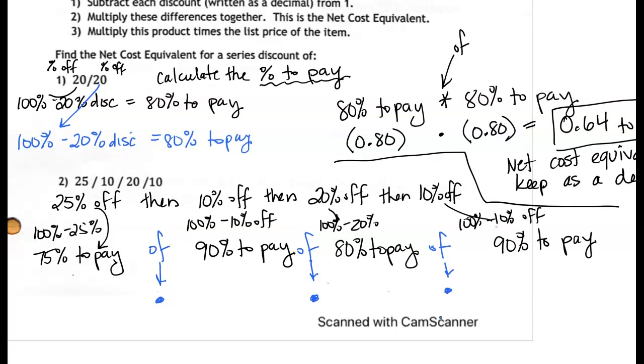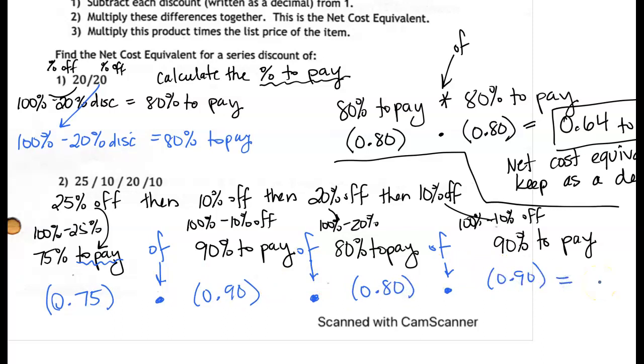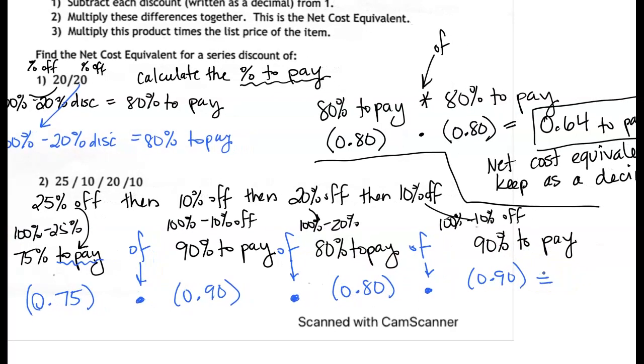And then we're going to change each of those percentages, make sure they're the percentages to pay, into decimals. 0.75, 0.90, 0.80, and 0.90. When I multiply all of those together, I get an answer of 0.486. Usually they have you go to 3 decimal places. So 0.486 is our net cost equivalent.